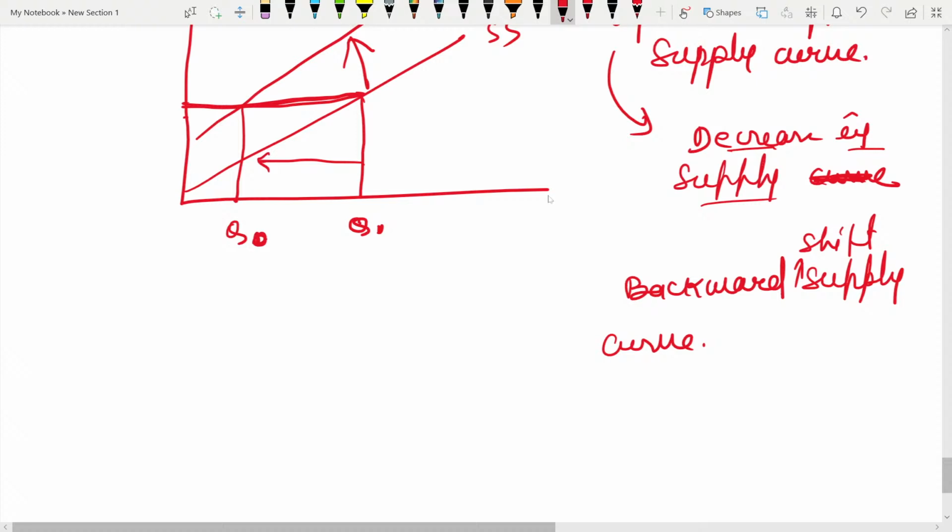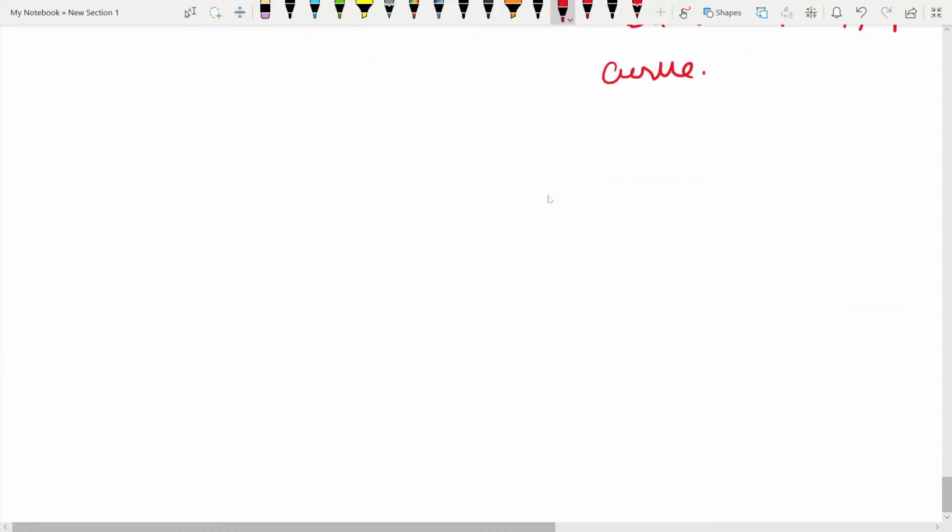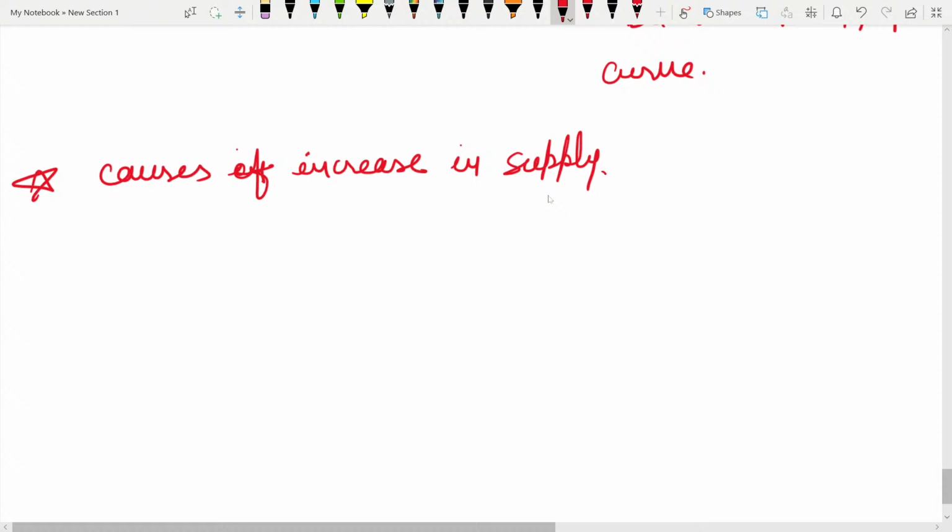Now, what are the causes that can increase the supply? Causes of increase in supply. Number one, improvement in technology. As I told, increase in supply means forward shift, where favorable changes are taking place.